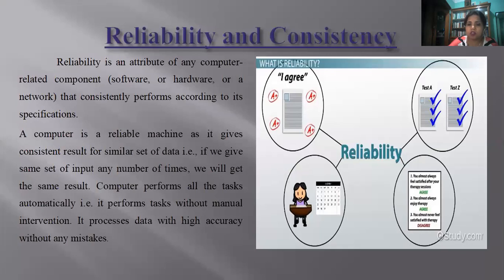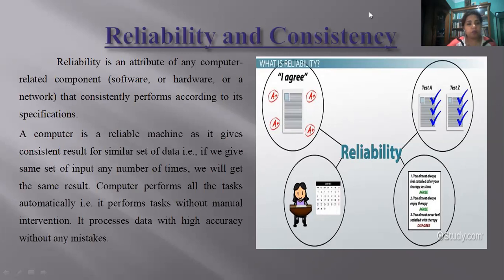Reliability and consistency. Computer is an accurate machine. That's why we users rely on it, and computer can produce consistent results from morning to evening, and gives the correct result as many times as we calculate the work.